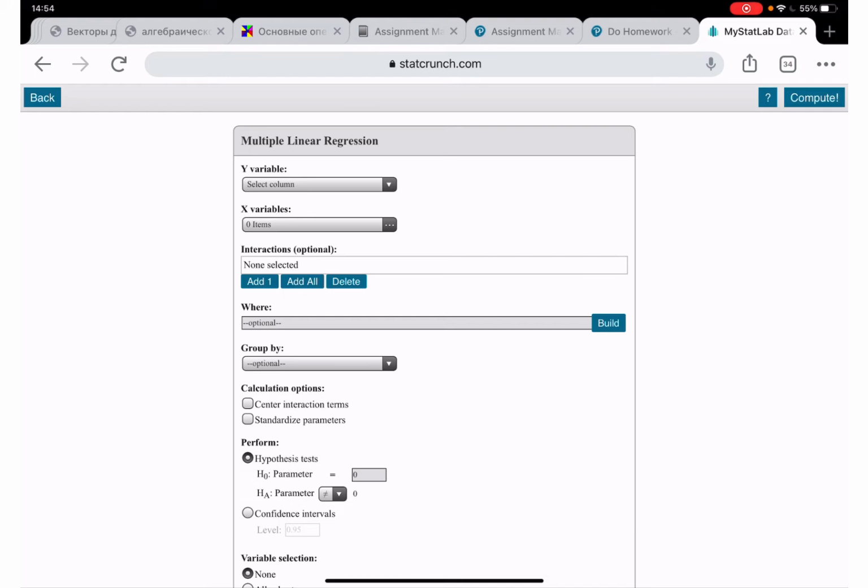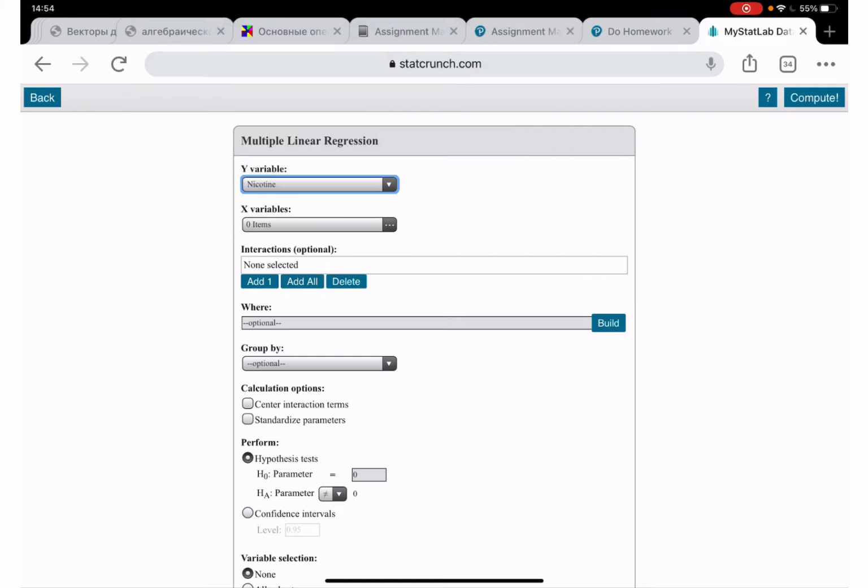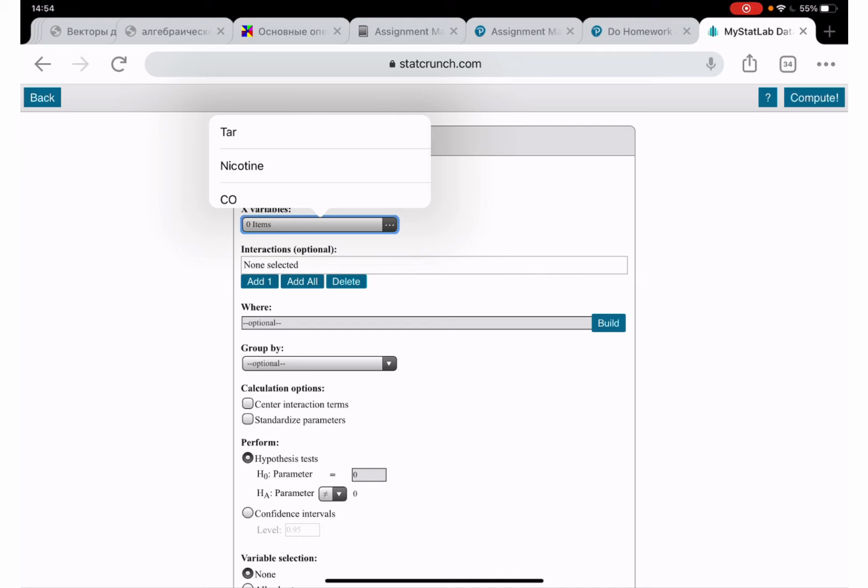In this case we have 2 x's. Our response or dependent variable is nicotine, and the x's are going to be CO and tar. Why is it not allowing me to add one?